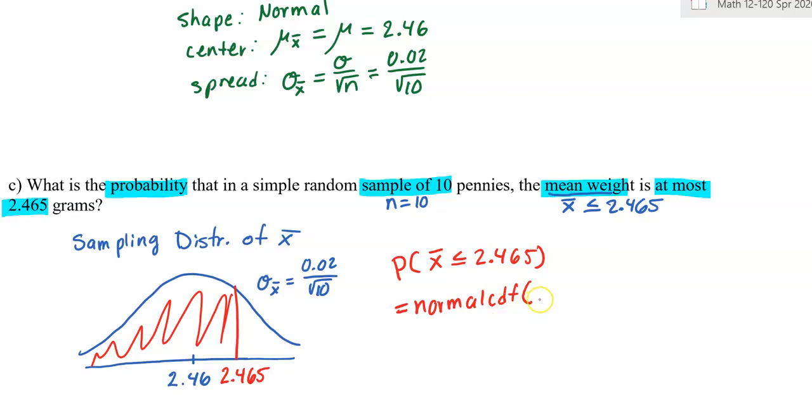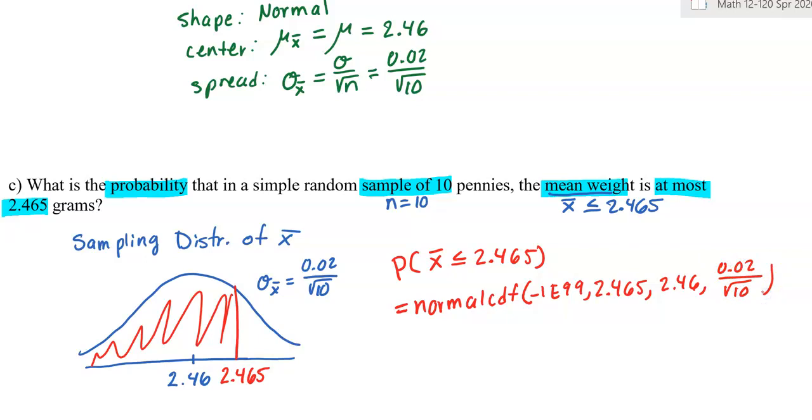This is also going towards negative infinity, so we have negative 1 E99, and an upper bound of 2.465, that's where our shading ends. Again, this is for X bar. The mean of the X bars is 2.46. And then the standard deviation of the X bar is 0.02 divided by the square root of 10.